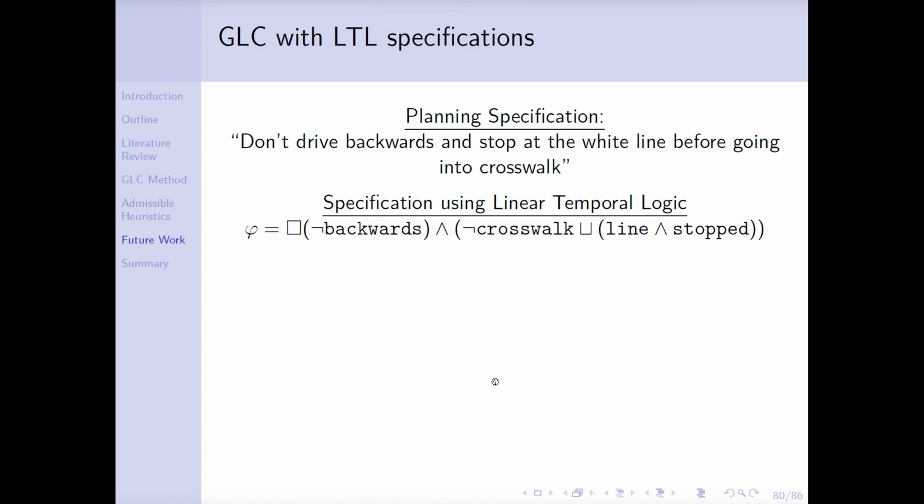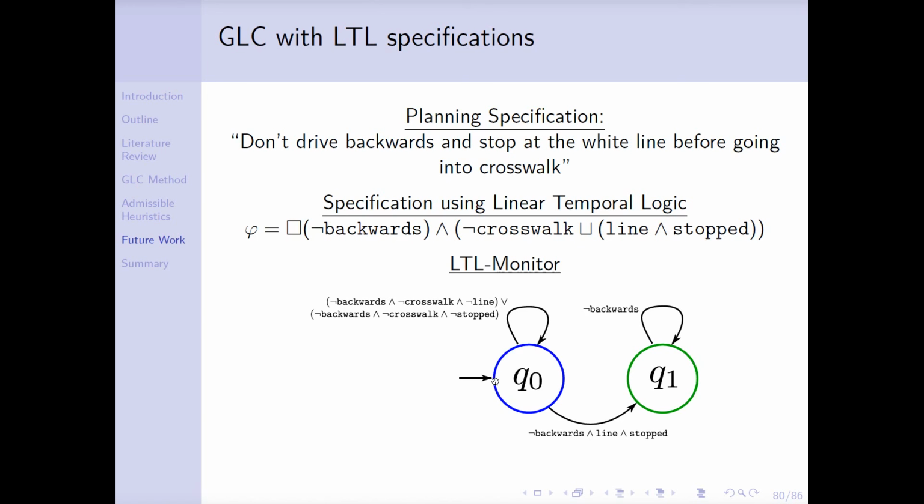Then we can turn this specification into an LTL specification. We can say always not backwards, and not crosswalk until line and stopped. Then we can take this LTL formula and transform it into an LTL monitor, which is a deterministic finite automaton that accepts finite traces of these propositions and will tell us whether or not we are falsifying this formula with a particular finite trace.